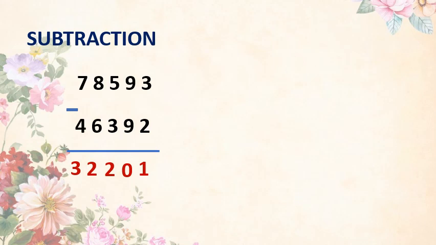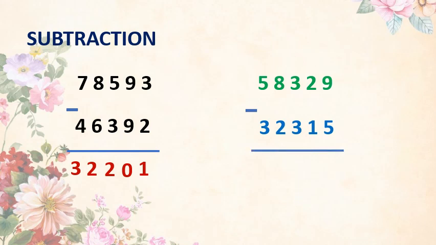side, isn't it? One more sum we will try. This is your sum. Okay, we will begin. 9 minus 5 is equal to 4. 2 minus 1 is equal to 1. 3 minus 3 is equal to 0. 8 minus 2 is equal to how much? 6, correct?